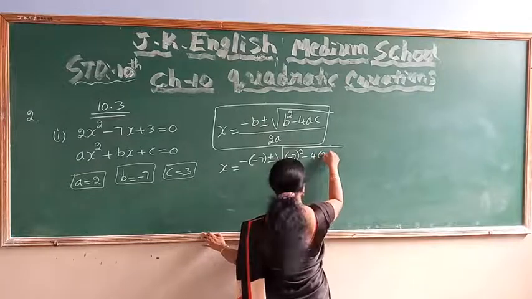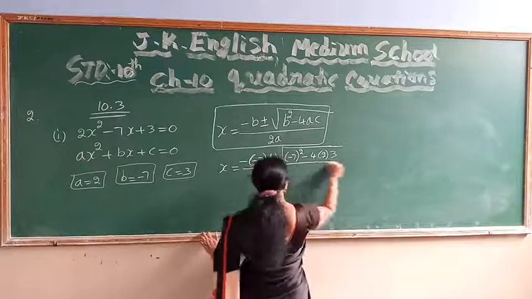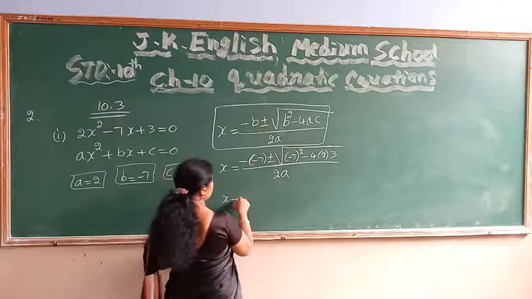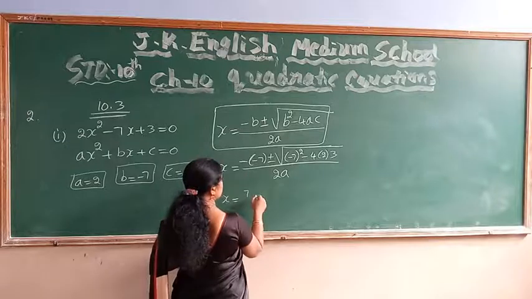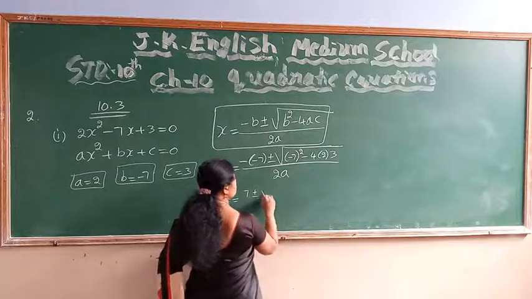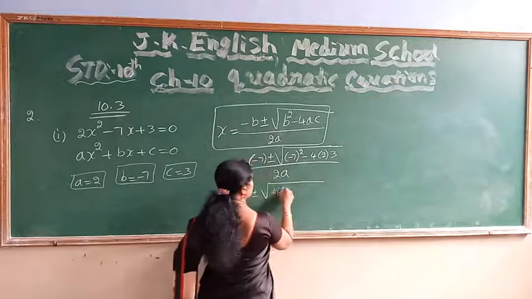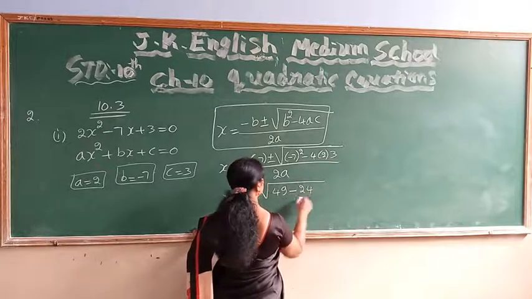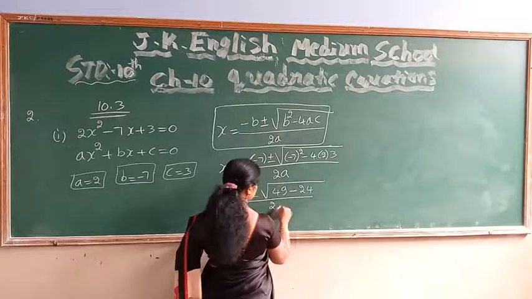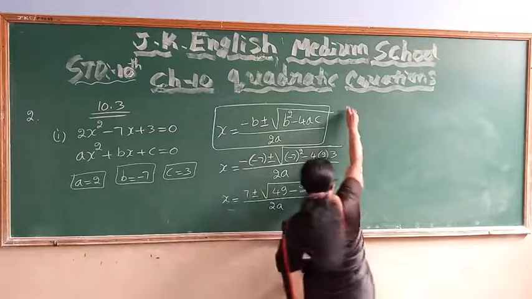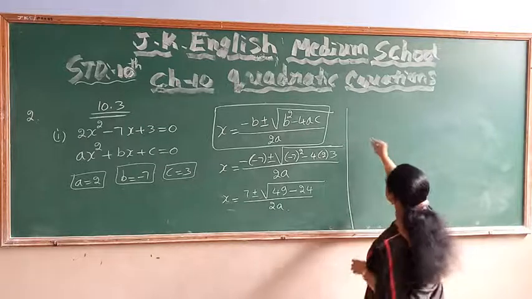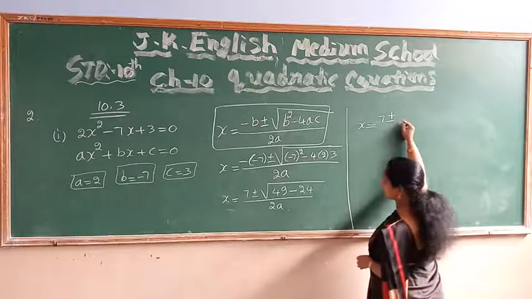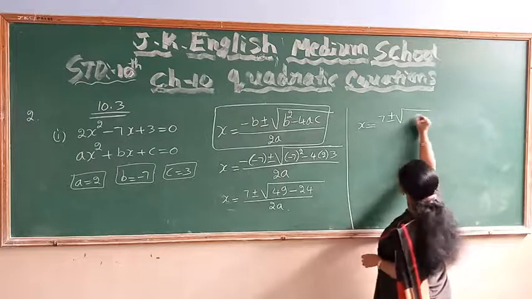The a value is 2, the c value is 3. Then divided by 2a. So simplify now. x is equal to 7 plus or minus square root of 49 minus 4 times 2 times 3, that is 24, divided by 2a. After simplification you get x is equal to 7 plus or minus square root of 49 minus 24, which is 25.